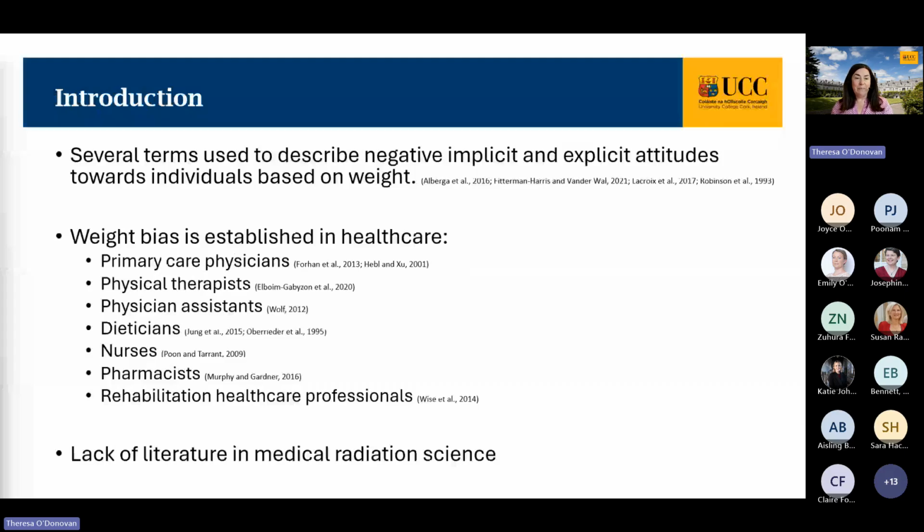We have taken the term weight bias, and it's well established in healthcare literature in various allied health professions, but there isn't very much literature around it in medical radiation science, including radiography, radiation therapy, ultrasound, MR, etc.